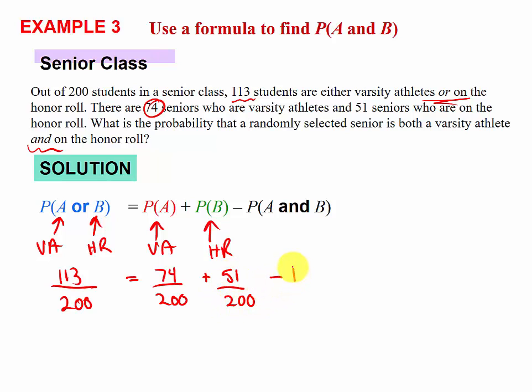So what we're trying to find is the probability of A and B. What we've done is created an equation that we can rearrange and solve for the probability of being a varsity athlete and on the honor roll. So we can subtract 74 and 51 from both sides.